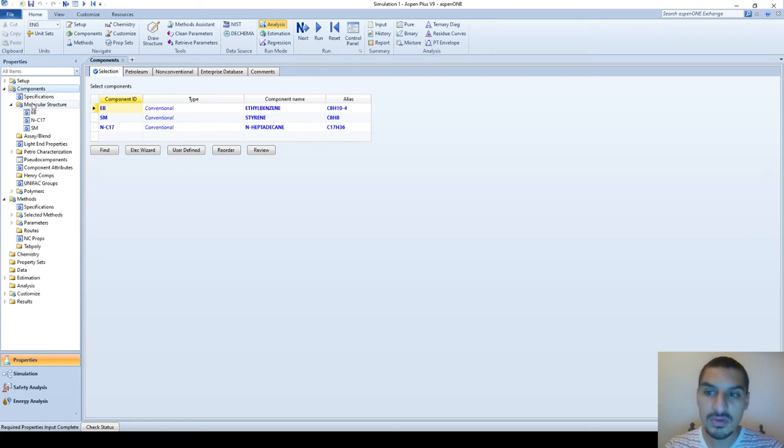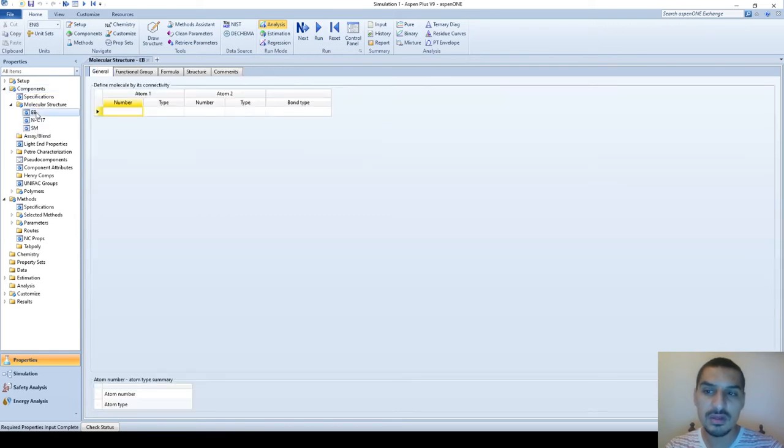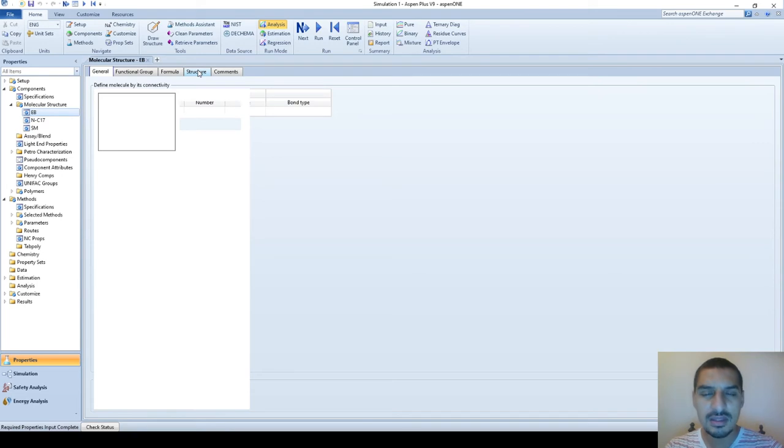One thing you can see here in the component section is the molecular structure. If, for instance, you want to go for ethyl benzene, there is this tab of structure. It's gonna take a bit of time, but it's gonna tell you how the molecular structure looks.